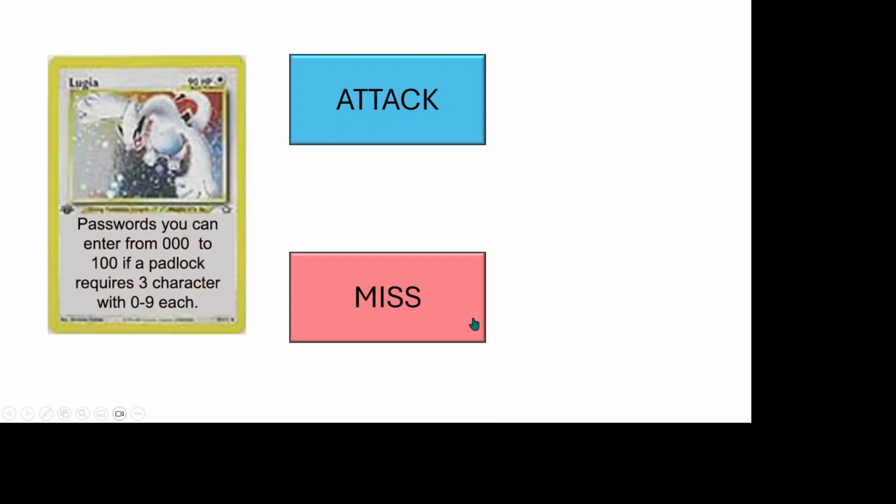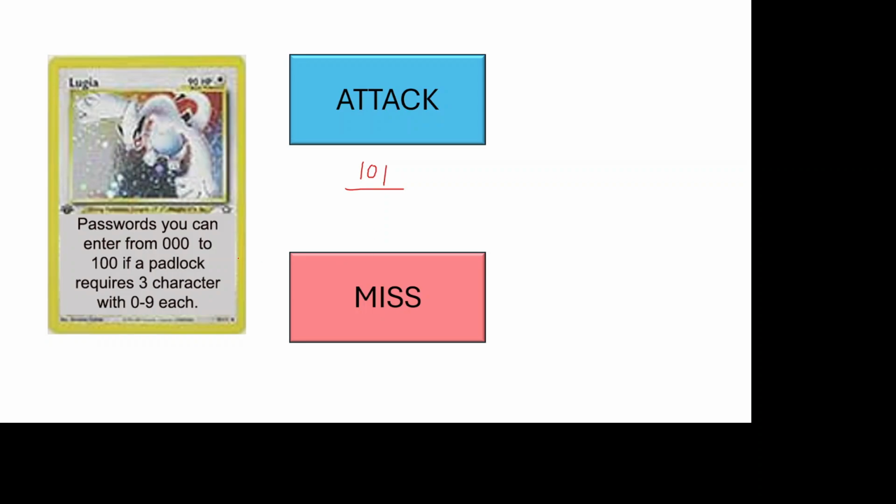Next, passwords you can enter from 000 to 100 if a padlock requires 3 characters with 0 to 9 each. Okay, this requires the fundamental counting principle. So if we were given a hint that the choices are only between 0 to 100, there are 101 favorable events. 100 plus the 0, which is one outcome.